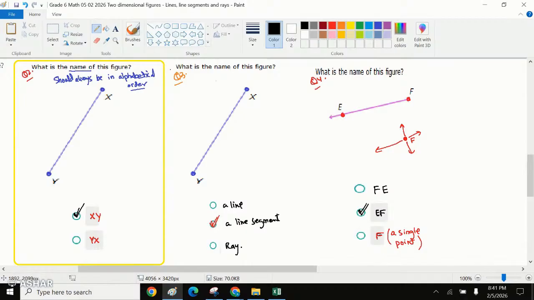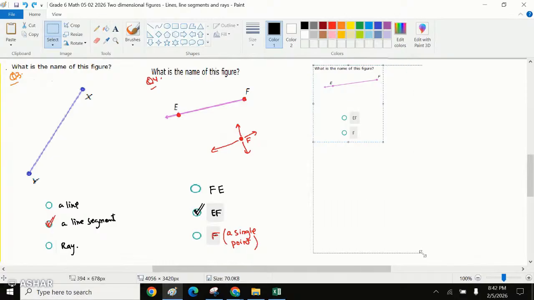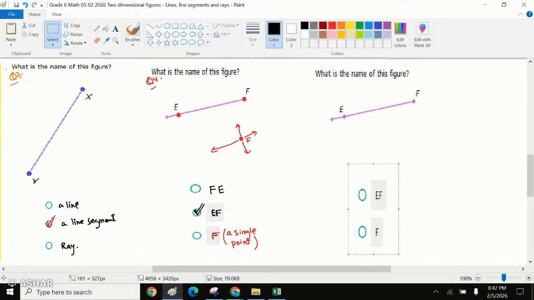Agreed? Okay, let's do this question again and let's just see what were the options quickly. Let's complete this and let's see with the options what are the possibilities. Okay, so if I would say these are the possibilities, I'll remove these options and I would say it could be a line segment or a ray, right?